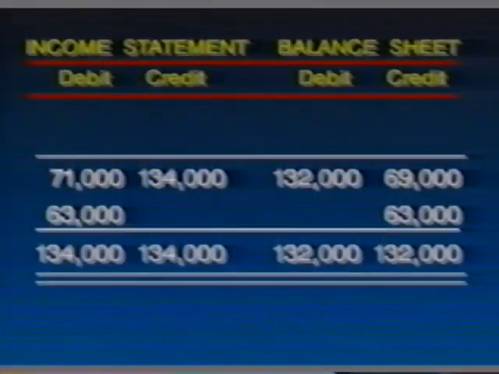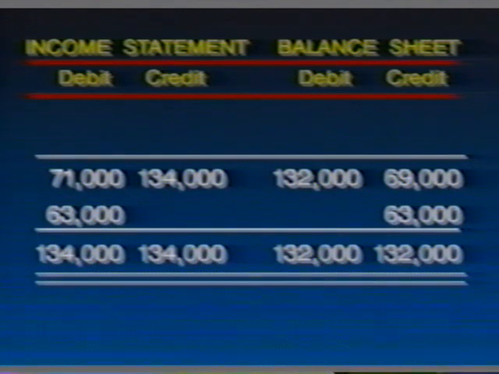Add this net income to the smaller side on both the income statement and the balance sheet. Take $63,000 and add it to the debit side of the income statement because the revenues are greater than the expenses. Add $63,000 to the credit side of the balance sheet because net income represents an increase in owner's equity.